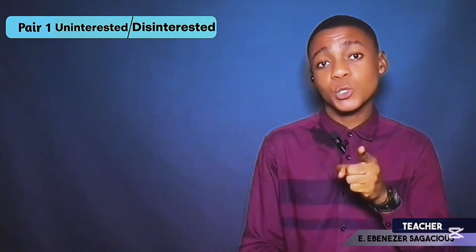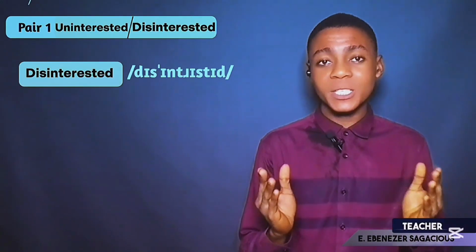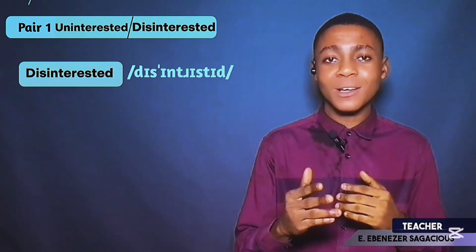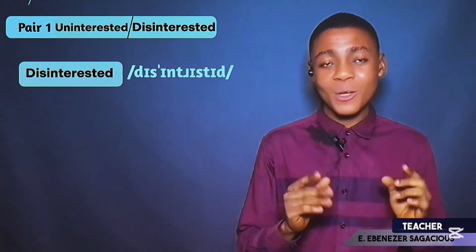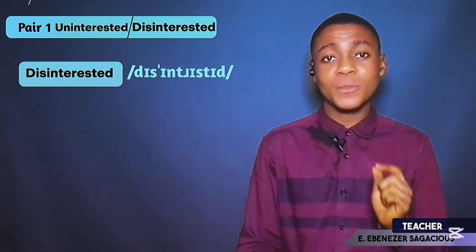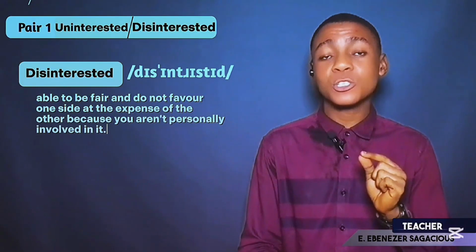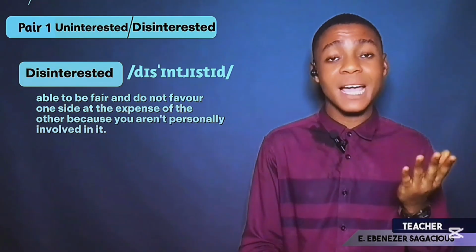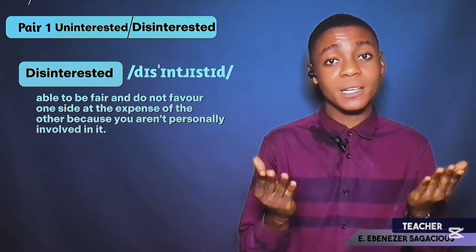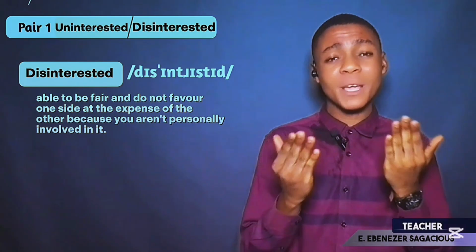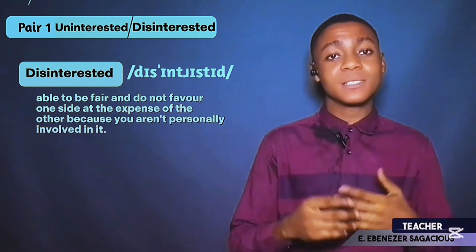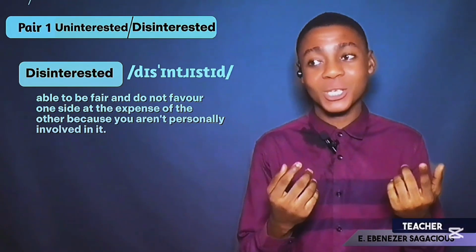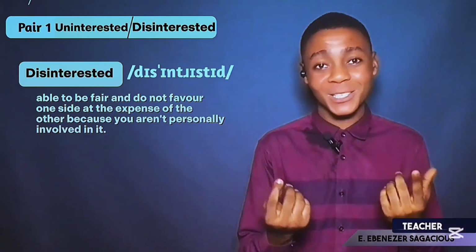Now, here is the interesting bit. Disinterested may look like the opposite of interested, but it isn't. If you are disinterested, you are able to be fair and you don't favor one side at the expense of the other side because you don't personally have anything to do with it. This is as simple as saying impartial or neutral.